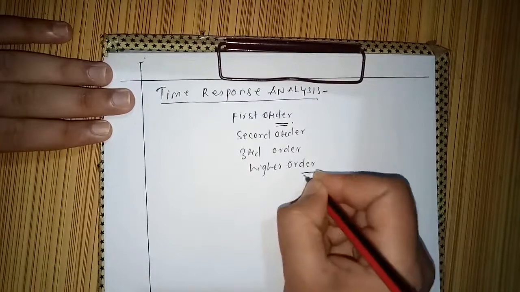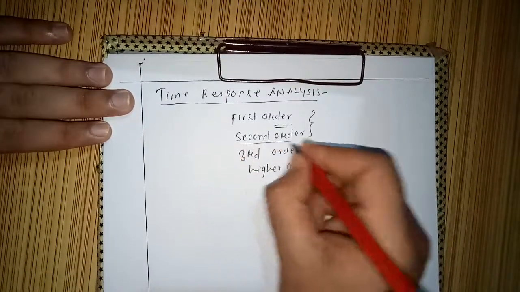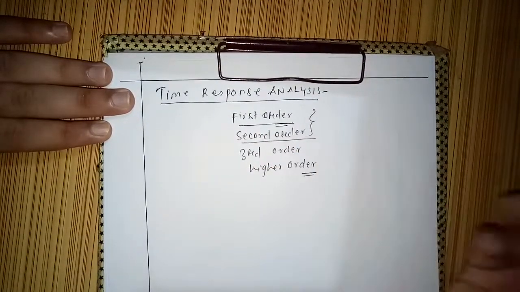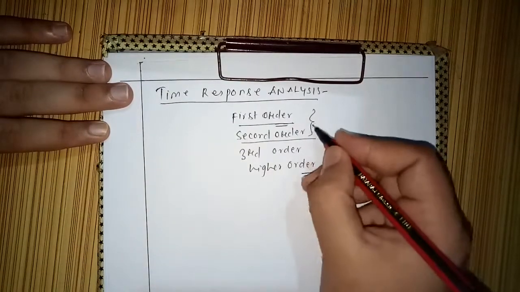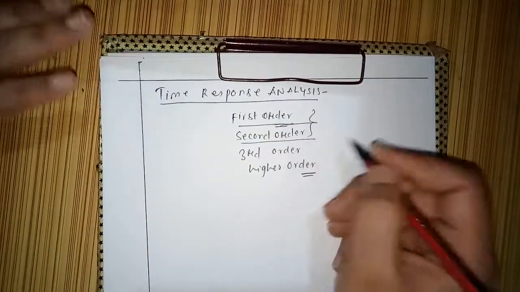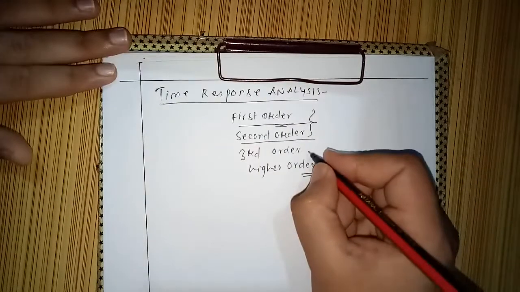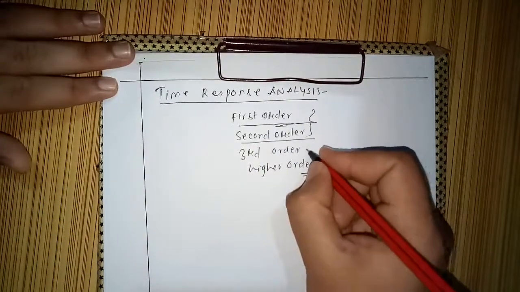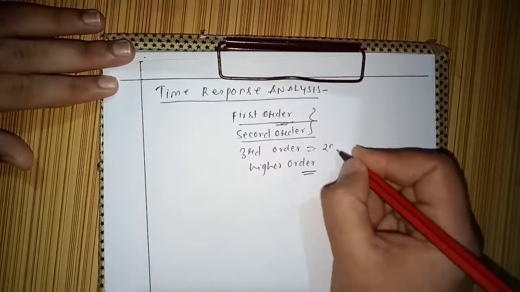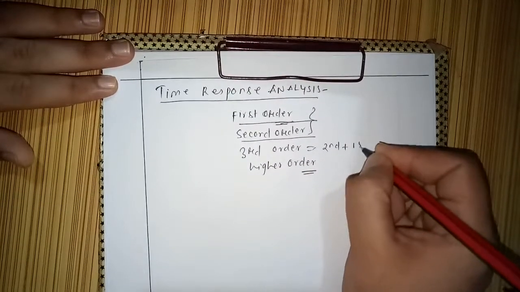Generally we will discuss first order and second order, and third order and other higher orders can always be broken up into second order and first order. Third order can be like second order plus first order, right?